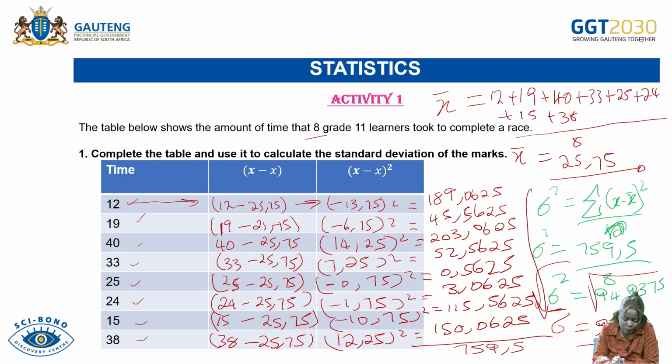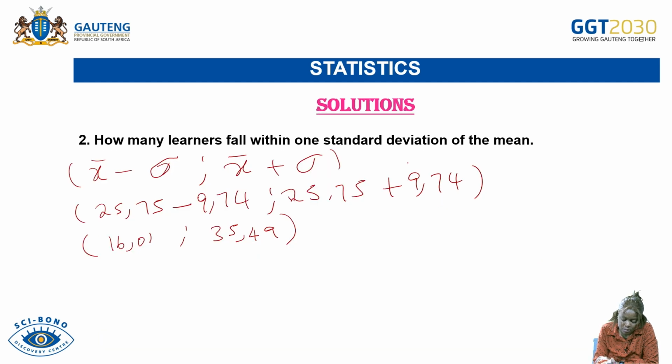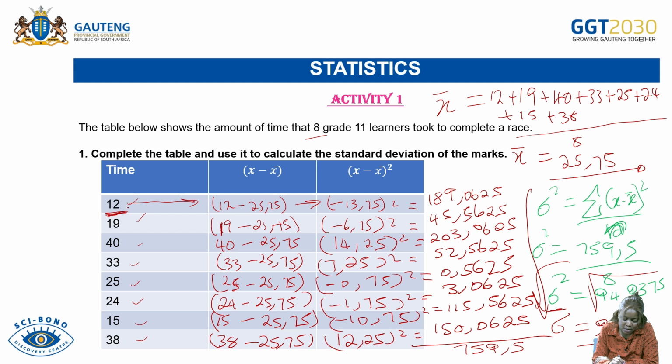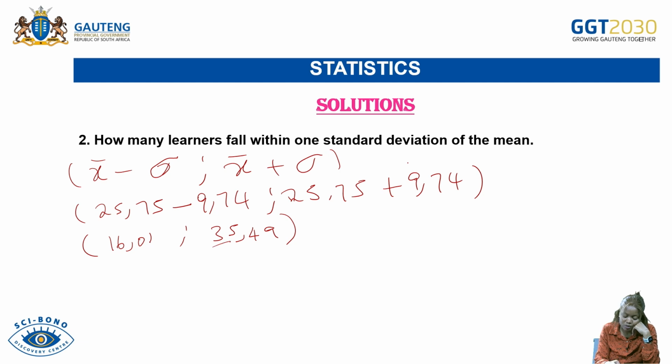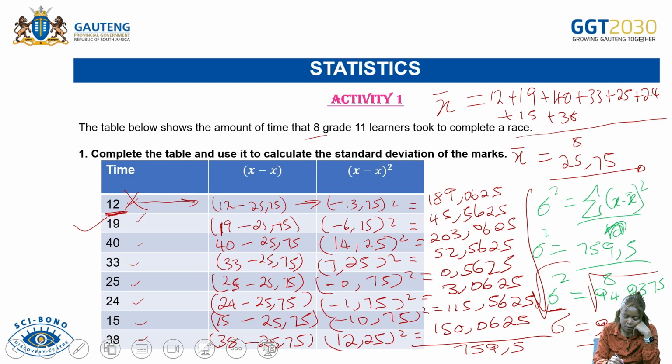Let's go back. Is 12 greater than 16? No, so this one is out. Is 19 greater than 16? Yes. Is 40 greater than 16 and less than 35? No, so that one is out. Is 33 greater than 16 and less than 35?